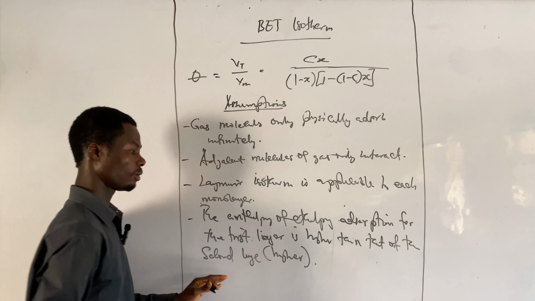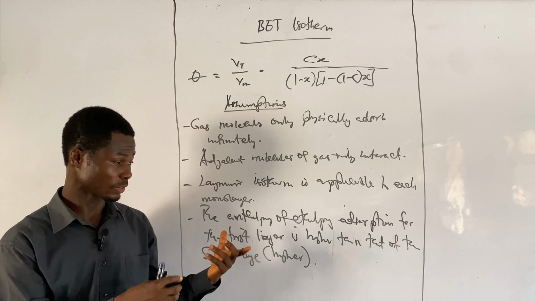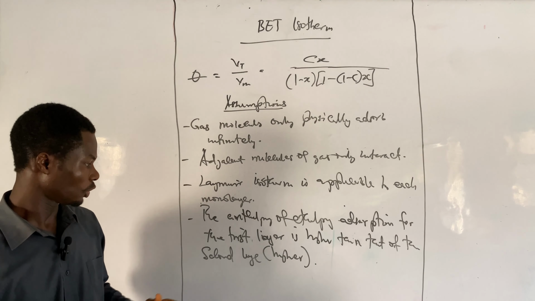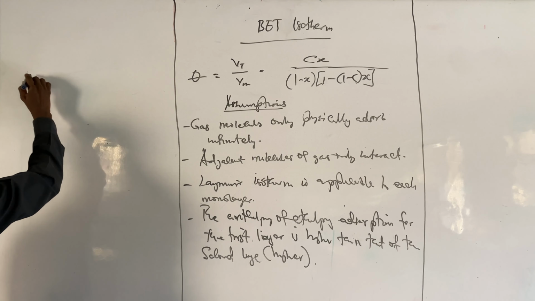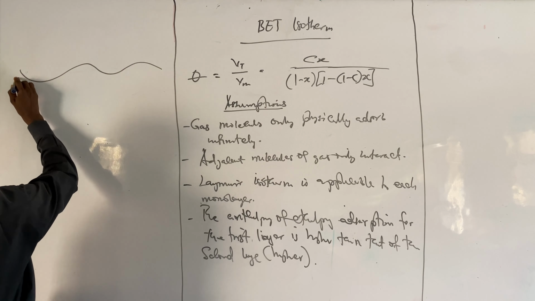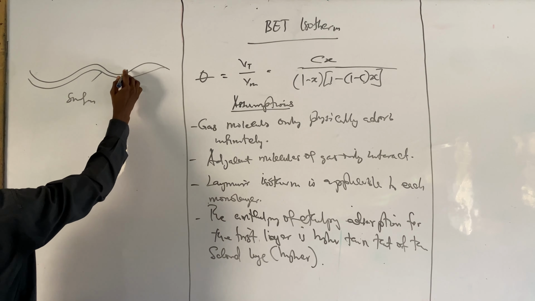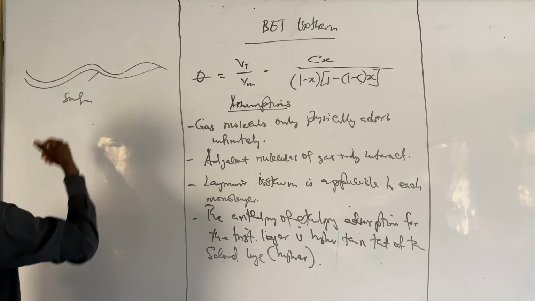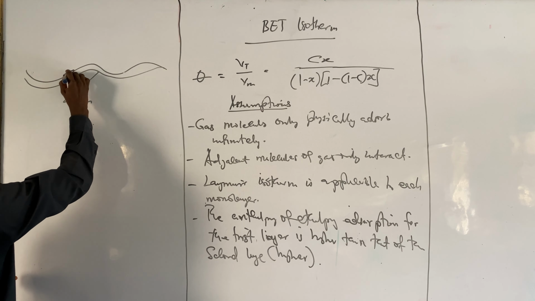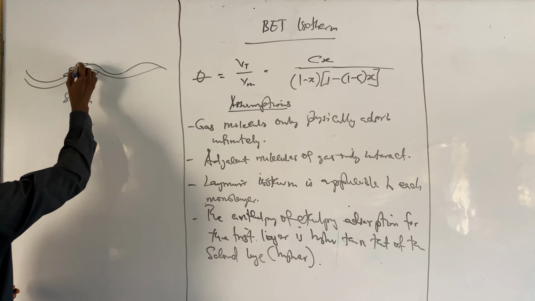What that is telling us is, in terms of the entropy, or what we call the isosteric entropy of adsorption, for the very first layer, which has to do with the bare surface. So let's say this is a surface, the bare surface, when no gas molecule is adsorbed. Then for the first layer, this entropy is higher than for the second layer.